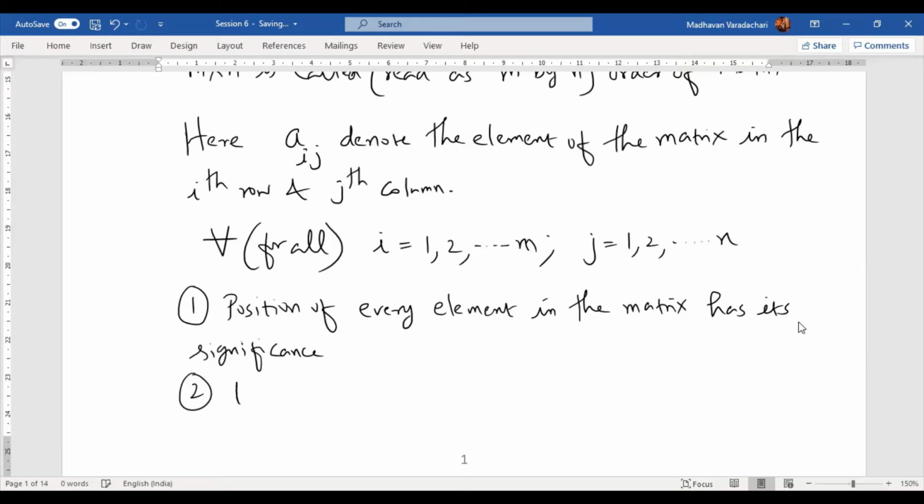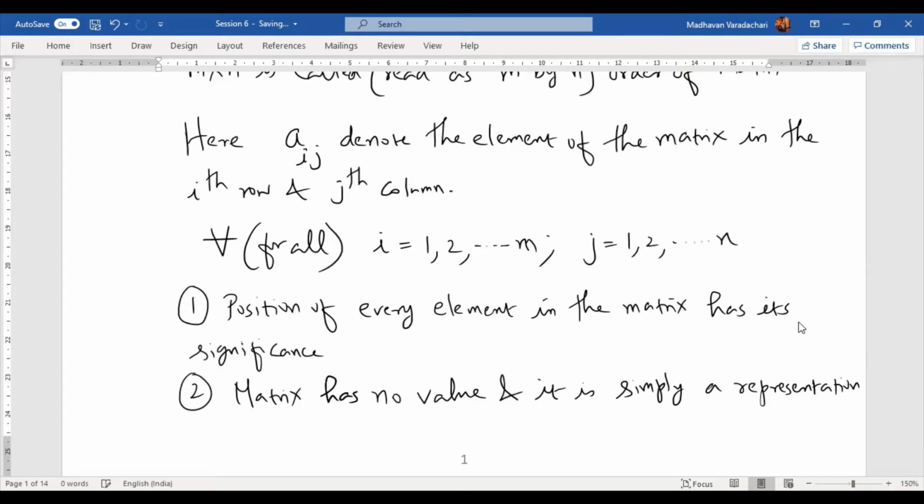Number two, a matrix has no value and it is simply a representation of data or any information. Either I can say data or some information.